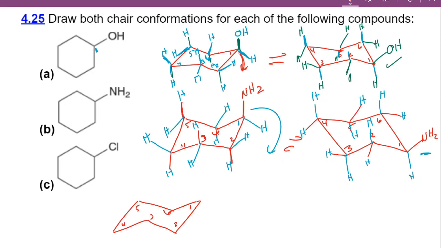Okay, we're going to start out with that chlorine axial up, and then up, down, up, down, up, down. Now we're going to do equatorial down, up, down, up, down, up, and these just take practice, right? Fill everything else in with hydrogens.